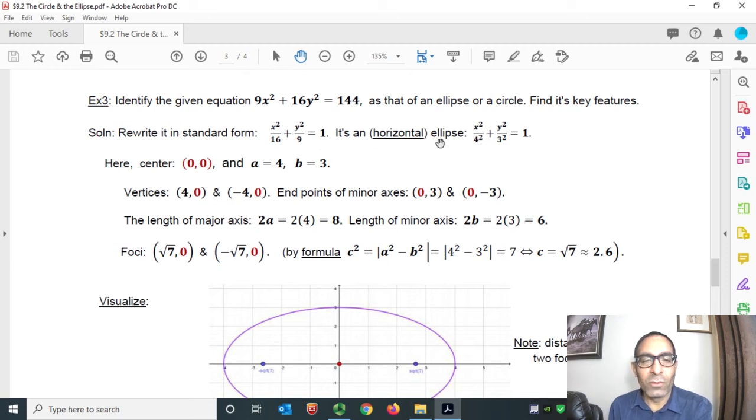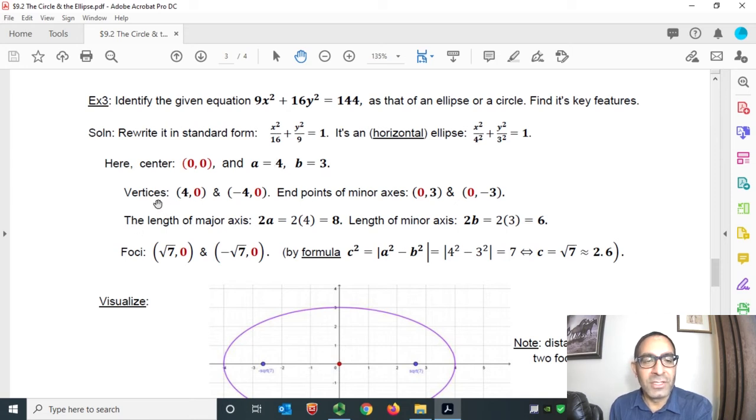And it's a horizontal ellipse because x square over a square, where a is 4, plus y square over b square, where b is 3. Since a is bigger than b, this is a horizontal ellipse, which is this one here, by the way. So its center is the origin from this equation, and a is 4, b is 3.